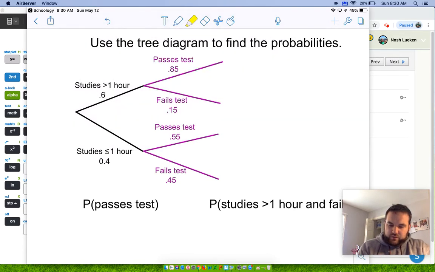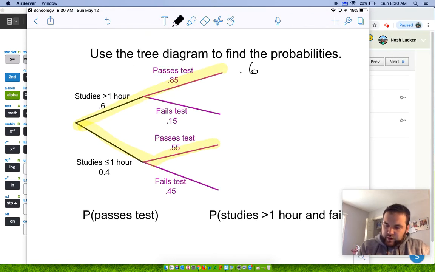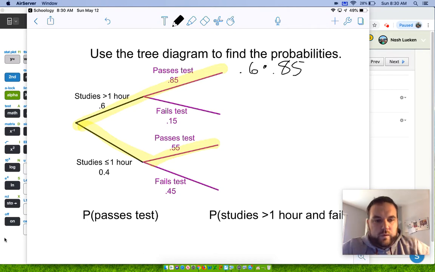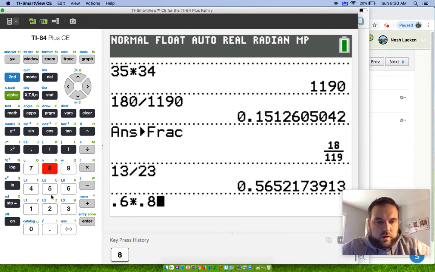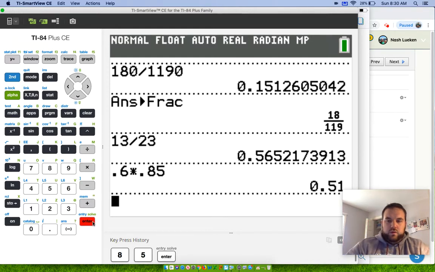So that means I have to double up here because there's that path to pass the test, then there's this path to pass the test. So I have to multiply these together. I have to do 0.6 times 0.85, which is 0.51.